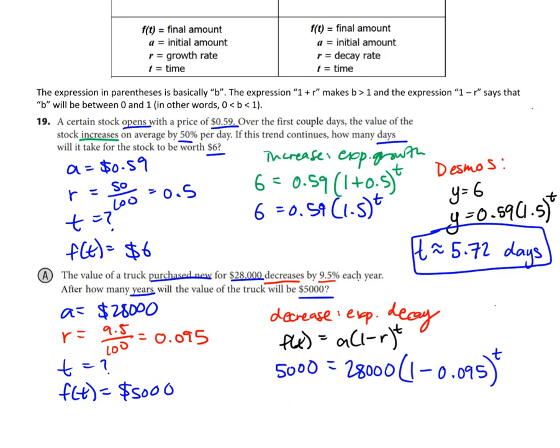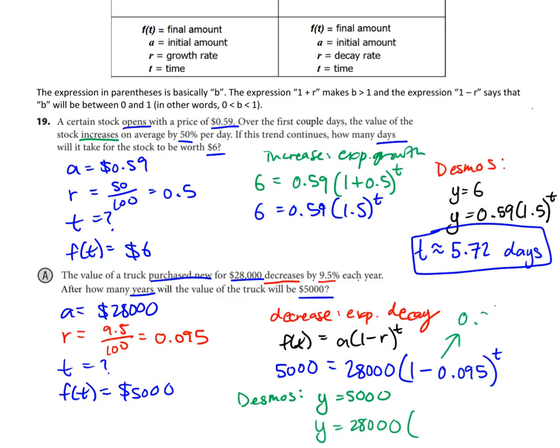Okay, so we have the left hand side. So if we use Desmos, we're going to graph y equals 5,000. And then we have the right hand side here. So if I simplify the right hand side, well, this is y equals 28,000. Let's see, what is 1 minus, let me see what that is really fast. 1 minus 0.095.